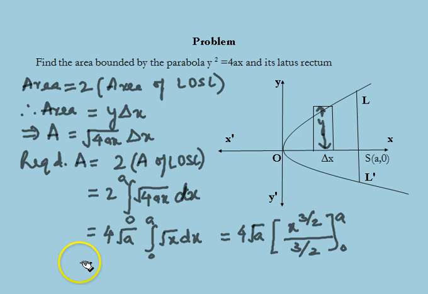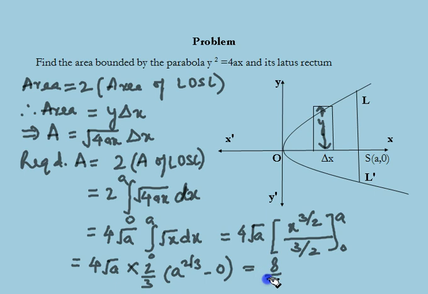Now simplifying this, we have the value as 4 into root a into 2 by 3 into a to the power 3 by 2 minus 0, which is equal to 8 by 3 a square.